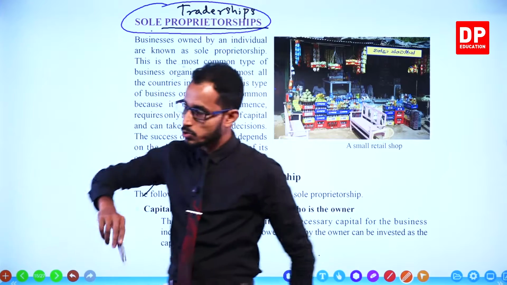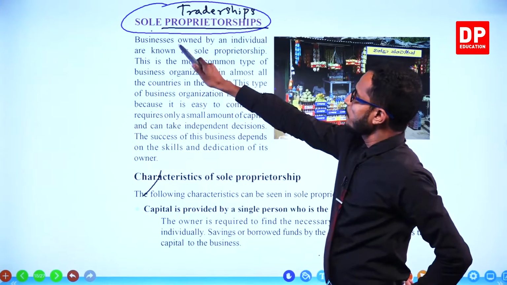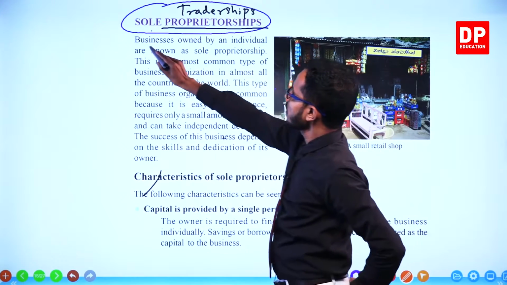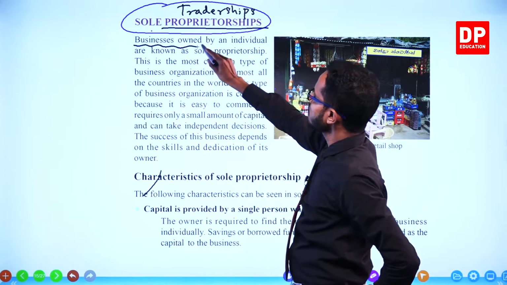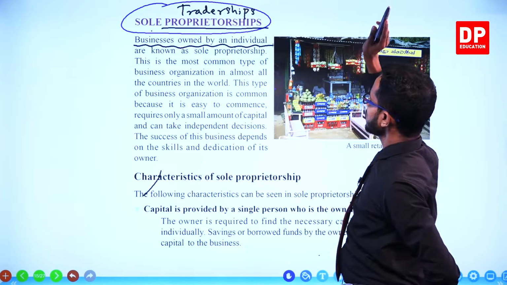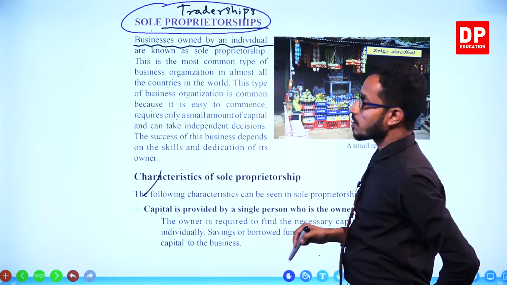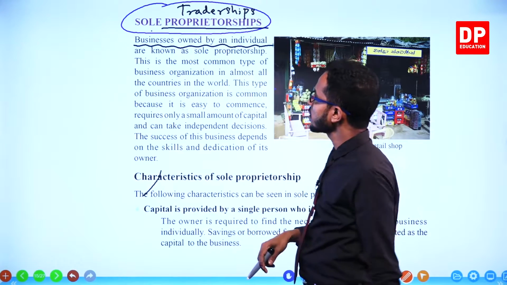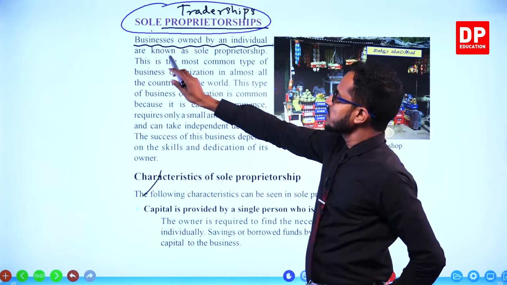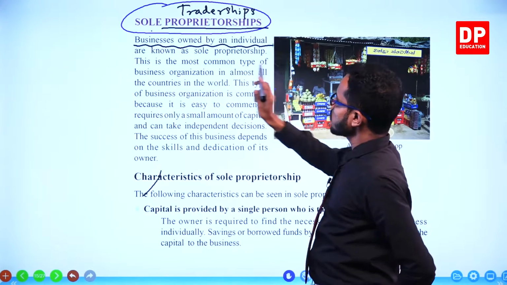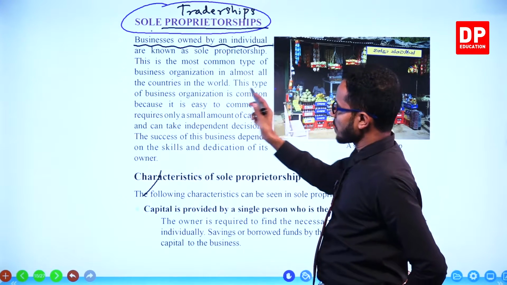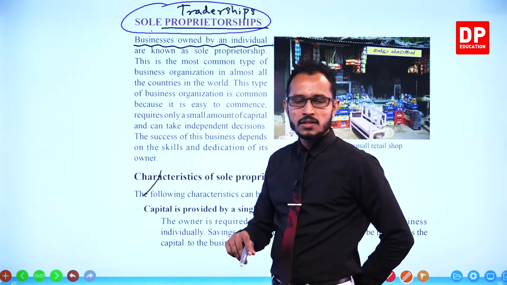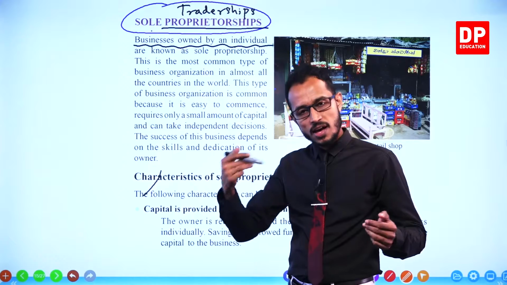Okay, let's go through the text. Businesses owned by an individual are known as sole proprietorships. One individual, one person. This is the most common type of business organization in almost all the countries in the world. It is common because it is easy to commence. I have told you this too.